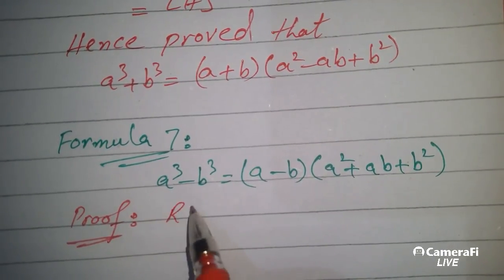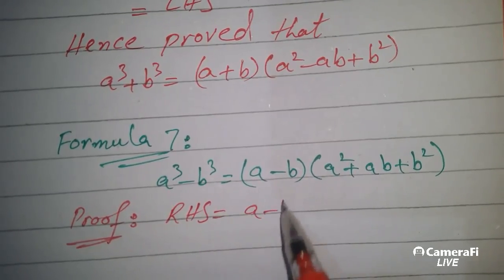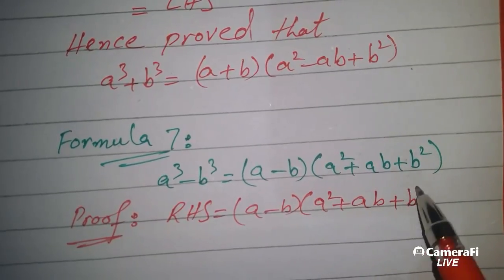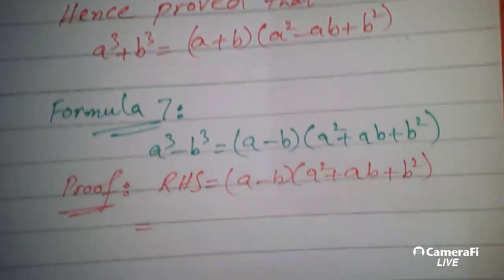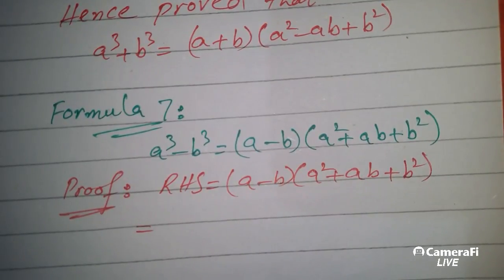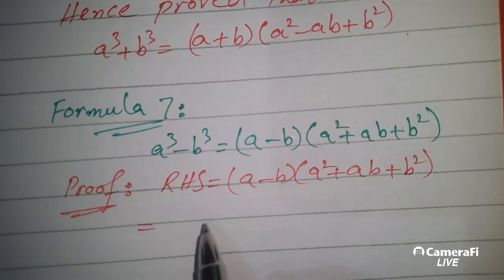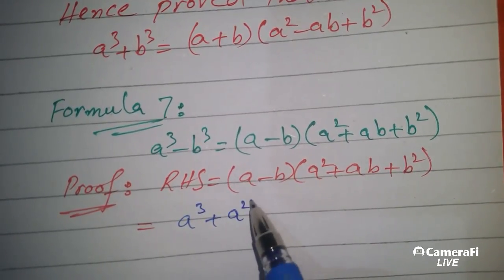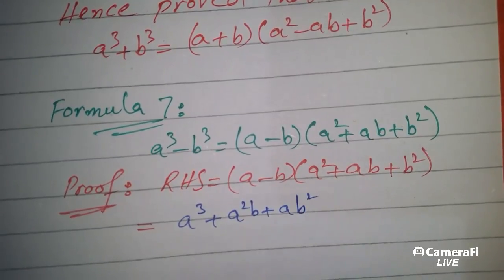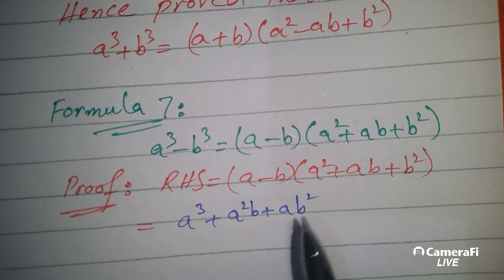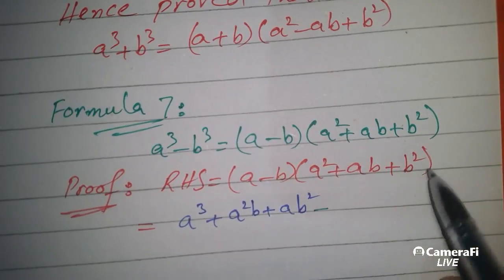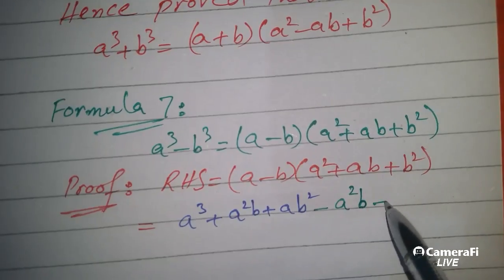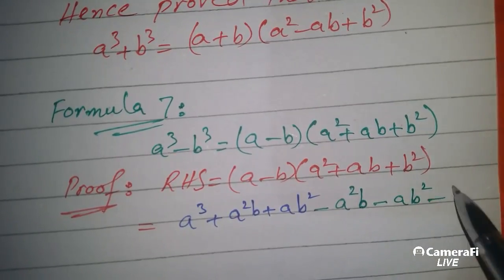Taking the right hand side again, and multiplying. When a is multiplied, it becomes a cube plus a square b plus ab square. And minus b is multiplied with all these terms, these become a square b minus ab square minus b cube.